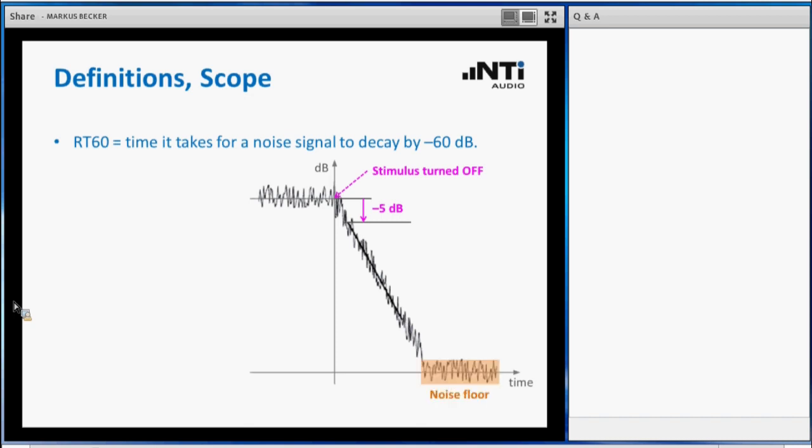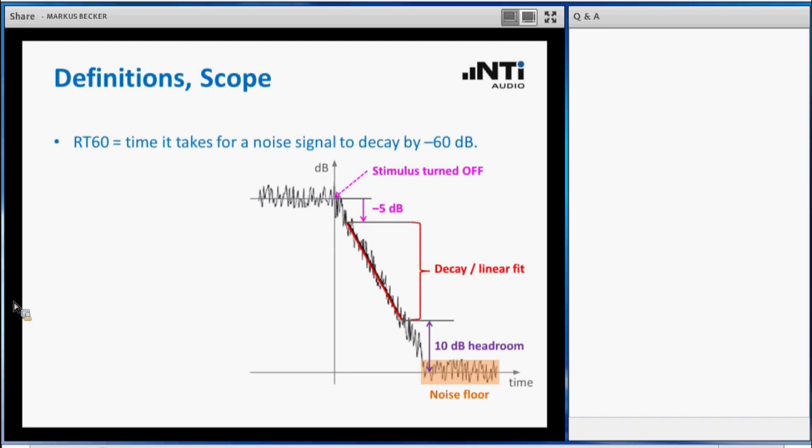On the other side, we have to obey the noise floor that is present in the room, and we have to apply a headroom, a safety margin above that noise floor. So the range in between is the one where we can measure the decay of that sound signal. And we do that by applying a linear fit. You see that here by this red straight line that we fit into that decay. And that is the base for our calculation.